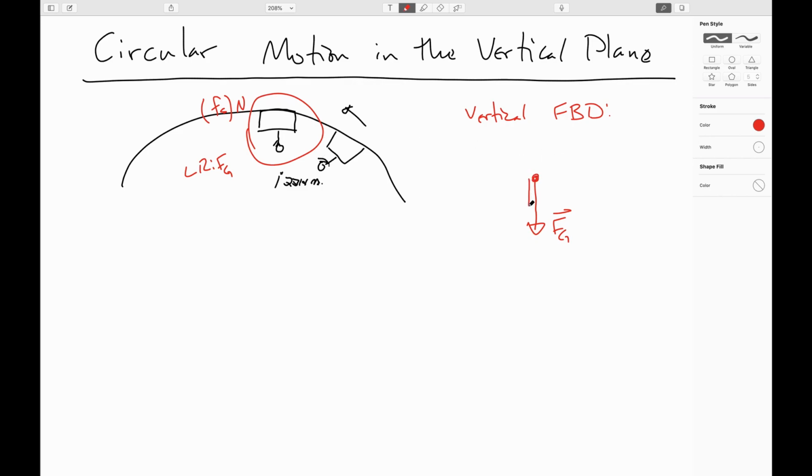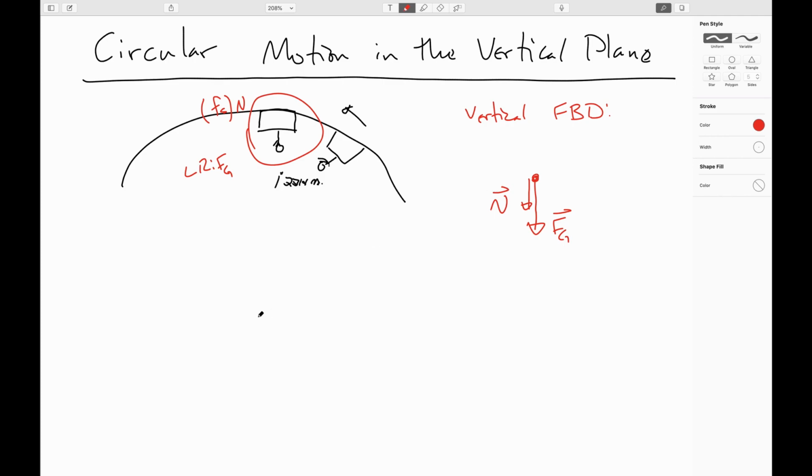So the normal force also points down. And it can't point up, although more on that in a bit. So for a normal roller coaster in normal operation, both gravity and the normal force point down.